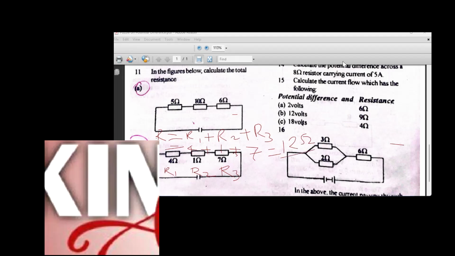So you have 12 ohms as your equivalent resistance for the three resistors, 4, 1, and 7 ohms respectively, all connected in series. Is that okay? So let's quickly move on to the next question and see what it entails.